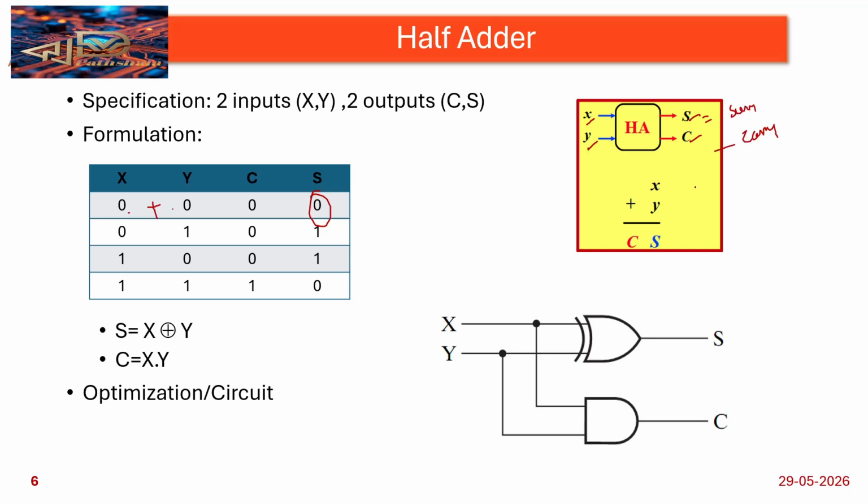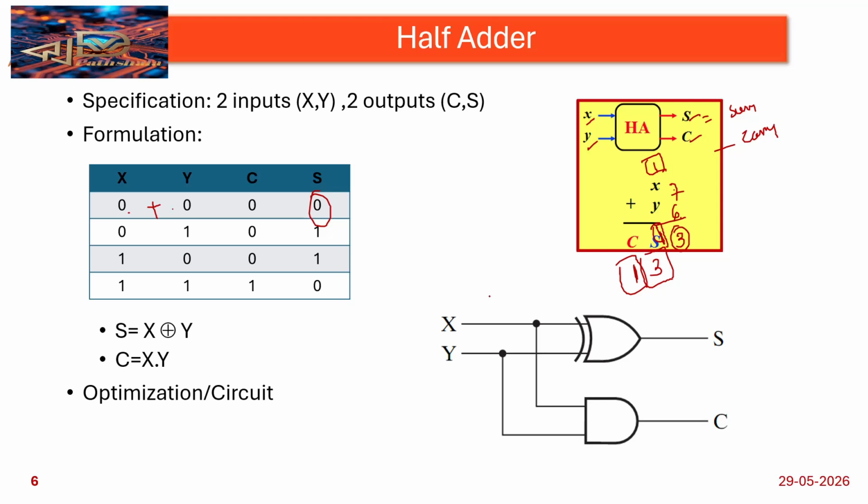Why do I get the carry here? Suppose I am adding 7 plus 6, that means 13. So 3 is my sum and 1 is my carry. That means 3 is the units place and 1 is the tens place. In that way we add two numbers in our combinational circuits.